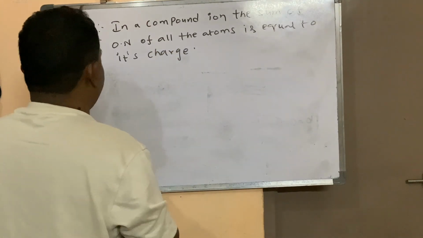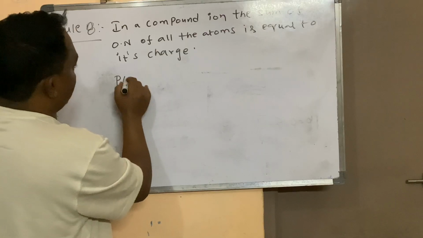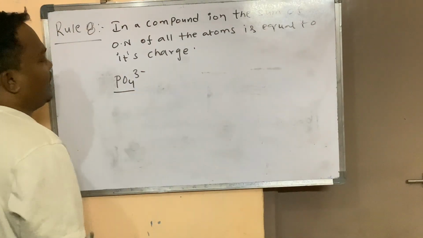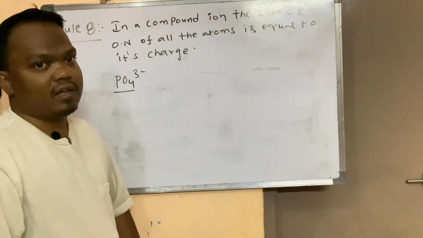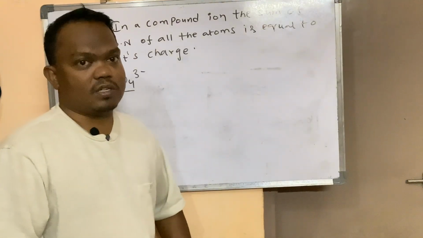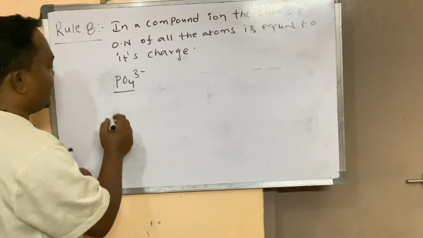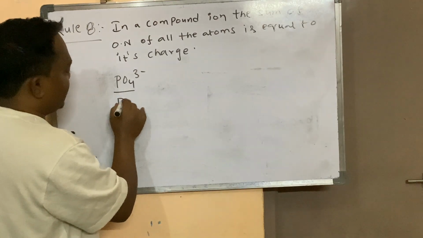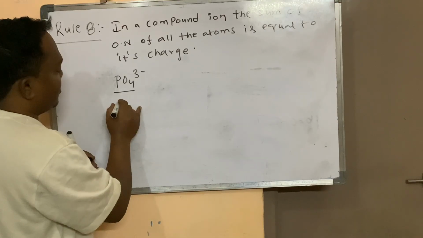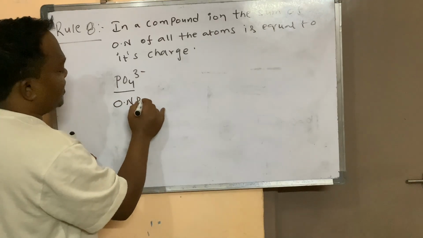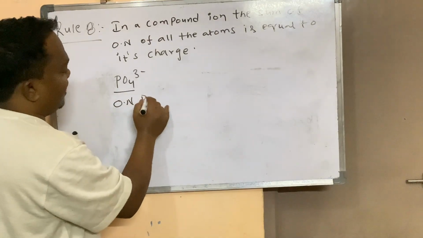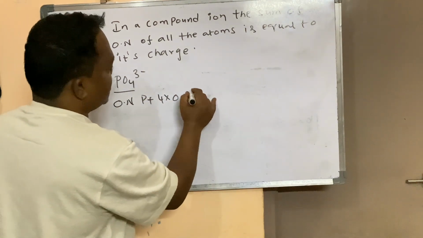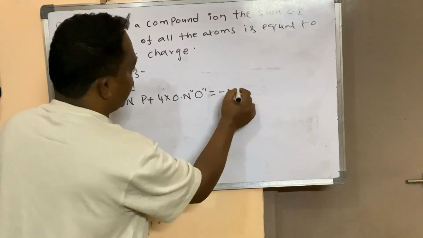For example, take the phosphate ion, PO4 3 minus. There are five atoms, one phosphorus atom and four oxygen atoms. When we combine the oxidation numbers of the atoms, the oxidation number of phosphorus plus 4 times the oxidation number of oxygen is equal to minus 3.